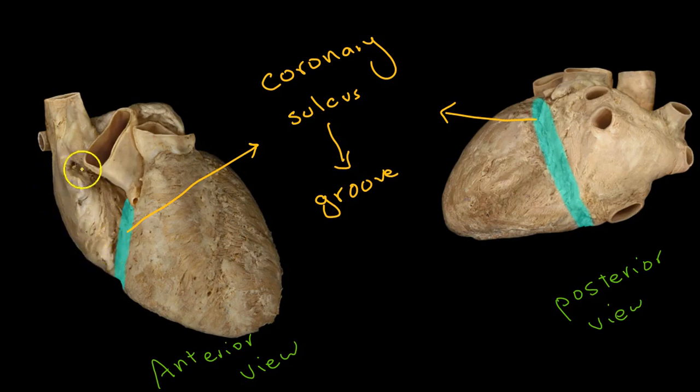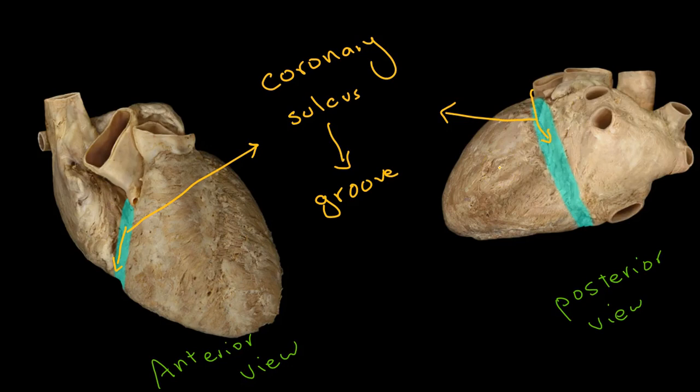So we know this is the atrium, and this part is the ventricle. As you can see, it surrounds the heart, both anterior and posterior. What is important about the coronary sulcus is that it contains the coronary arteries.